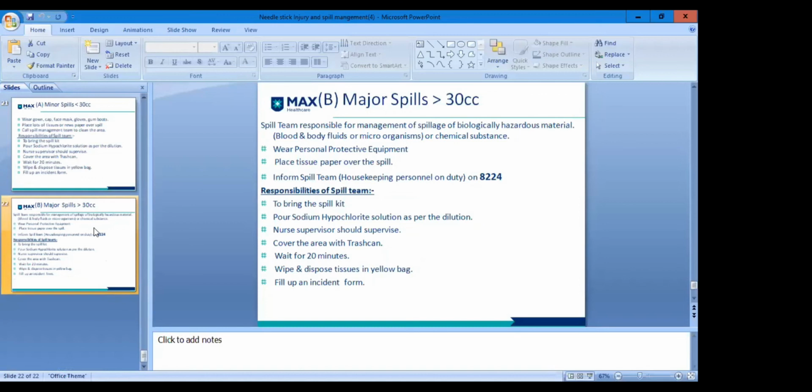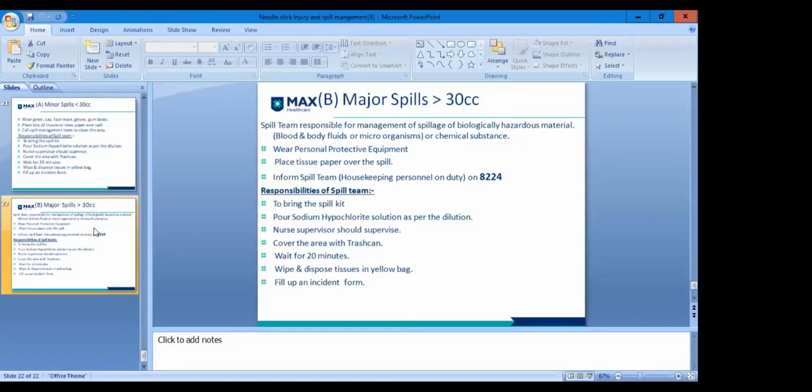The major spill kit is called a hazmat box. It has materials like sand, a whole PPE suit, absorbent papers, hypochlorite solution, gum boots and heavy duty gloves. This is how a major spill kit should be defined.